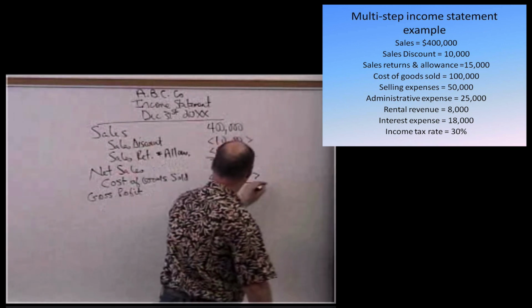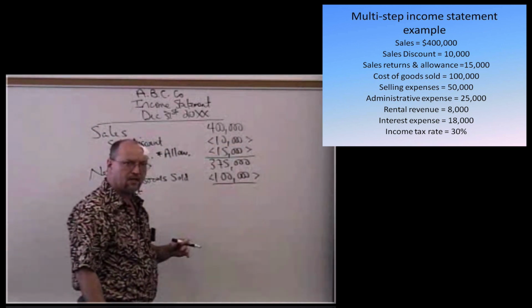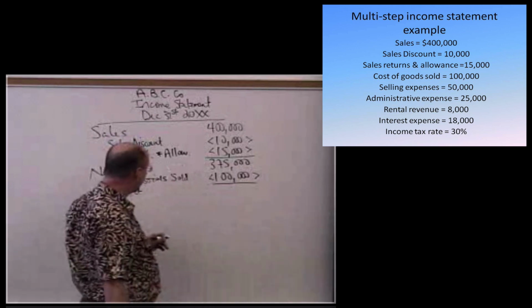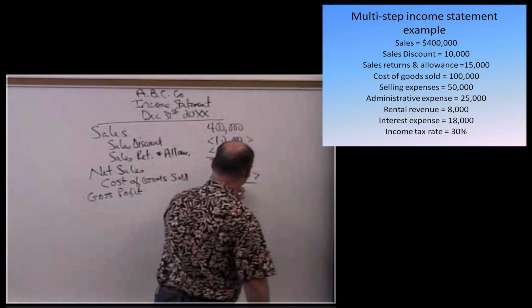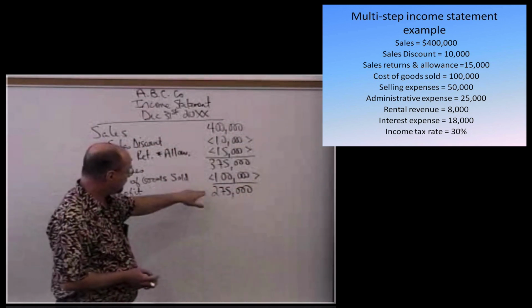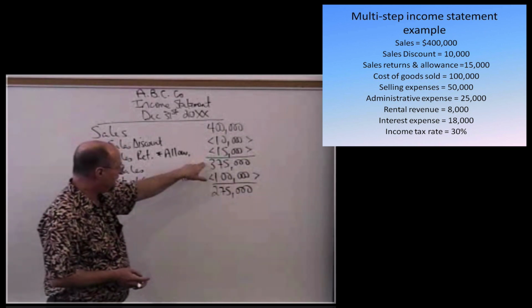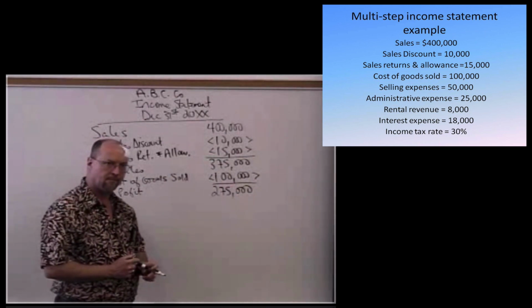Now, you don't have to put lines underneath them, and in fact, you don't even have to put brackets, but I think it's a good idea so you can identify what's going on. All right? And my gross profit is $275,000. I could figure out my gross profit margin by simply taking $275,000 divided by $375,000. Gross profit divided by net sales.